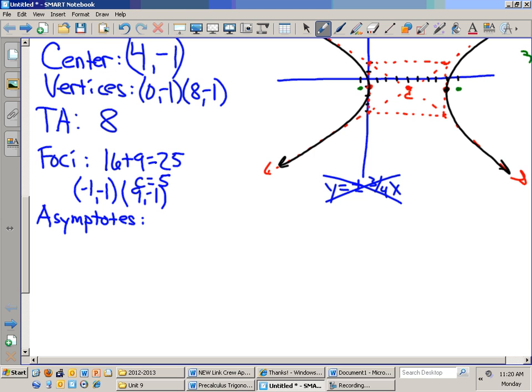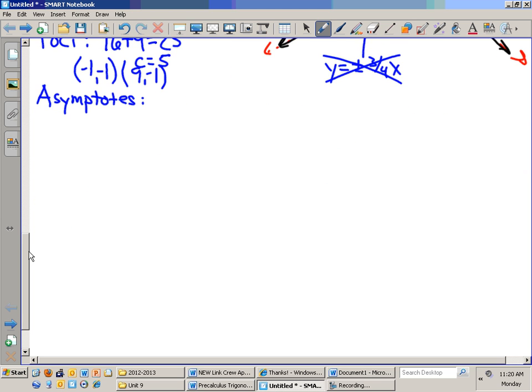So let's set up 2 equations for lines for asymptotes. And in order to write an equation for a line, I need slope, and I need a point on the line. Now, what's nice and easy for us is that this information is pretty much given. Can somebody identify what point on the line both these asymptotes pass through?